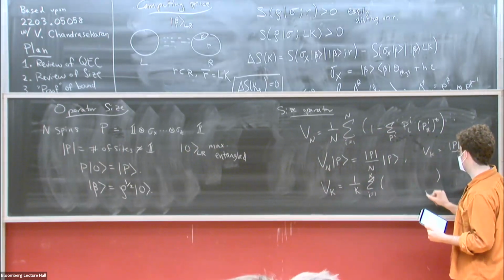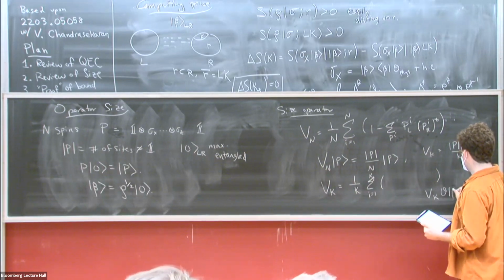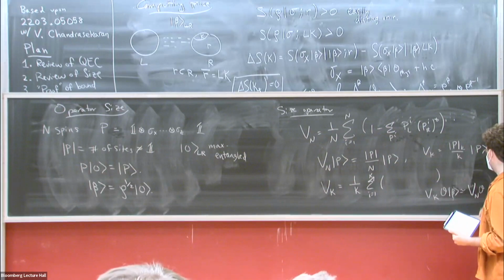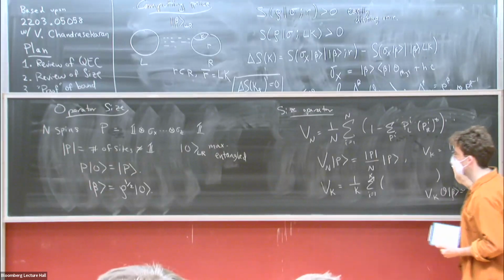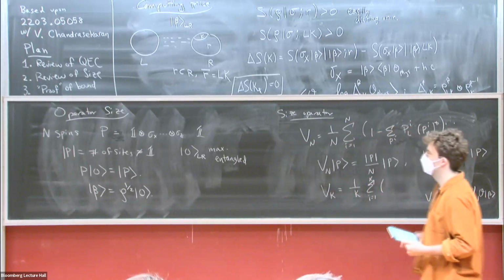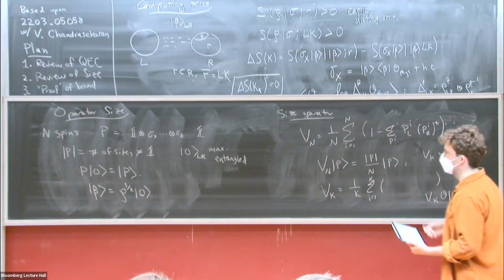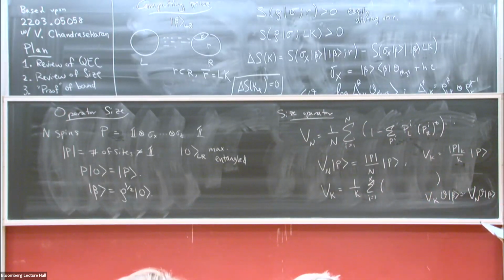And so V_K acting on that operator, let's say on beta, is going to approximately be equal to V_n acting on that operator on beta, basically because this is the fraction of sites in the subset K. So roughly, if you zoom in on any subset, the density of operators should be representative of the whole.